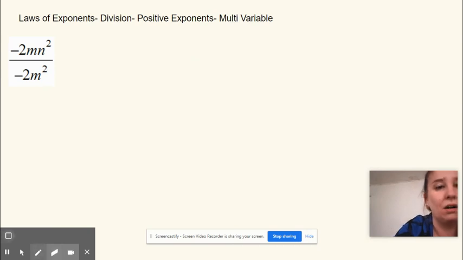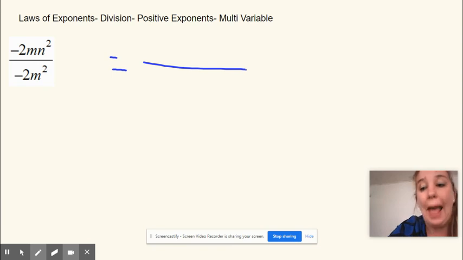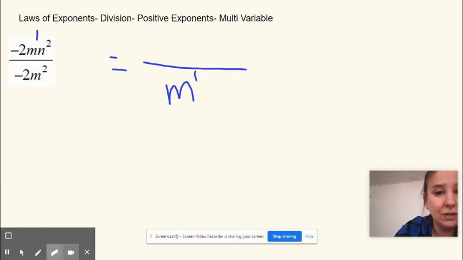I'm just not going to write anything at all. They cancel out. They're gone. Now let's deal with our m. M for Mary. I'm going to end up with an m in the denominator. 2 minus 1 is 1. M to the first, but we don't really write ones. So it's just m in the denominator.